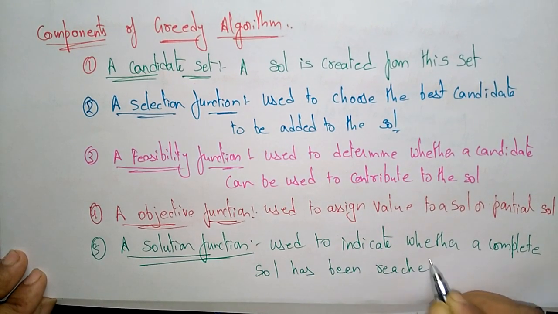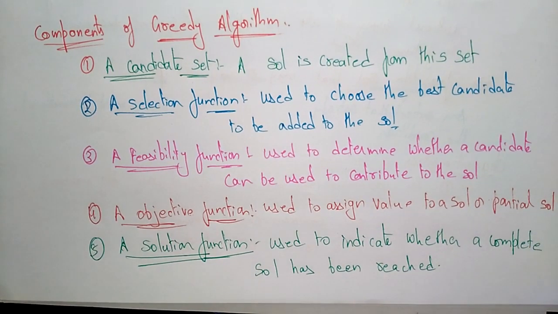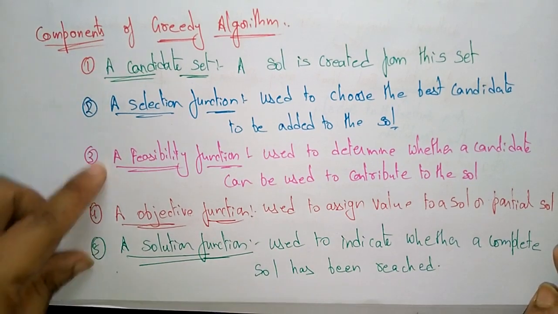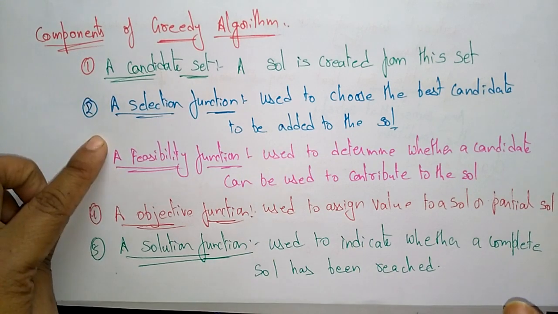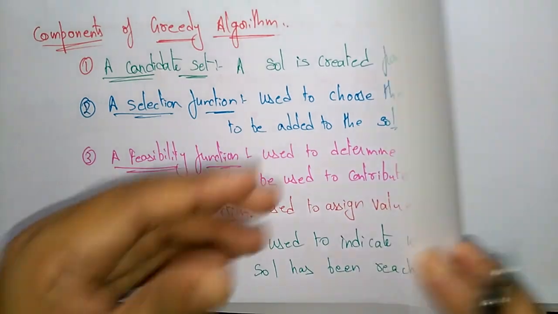The solution function makes the final decision. So these are the 5 components present in the greedy algorithm: a candidate set, a selection function, a feasibility function, an objective function, and a solution function.